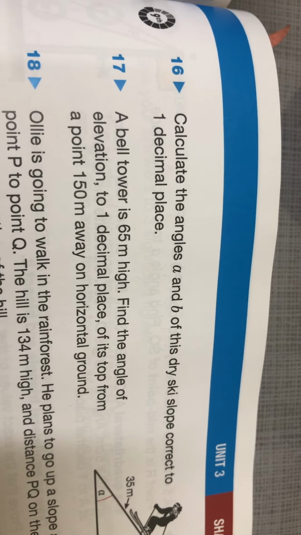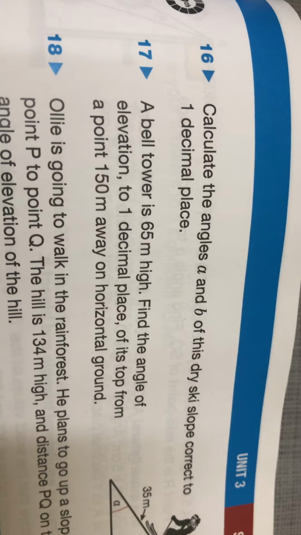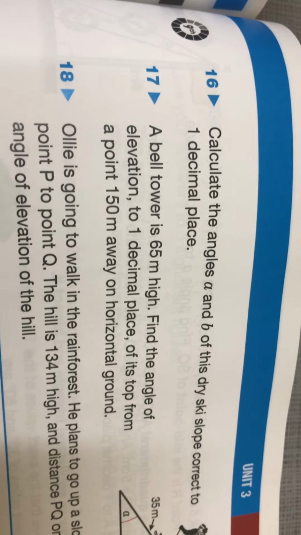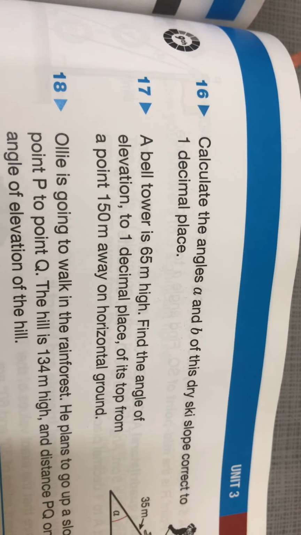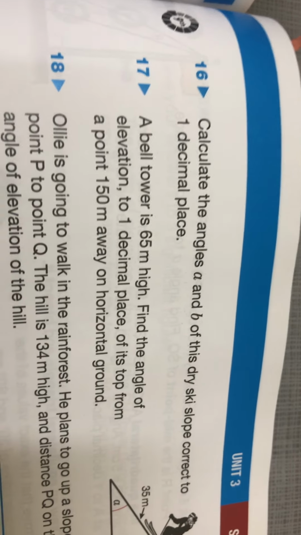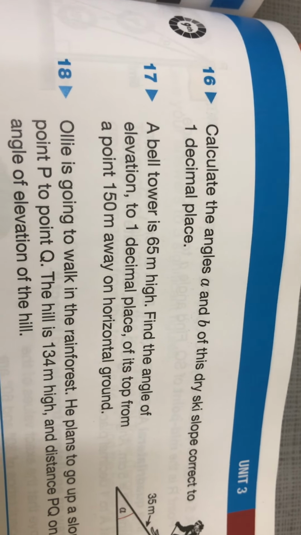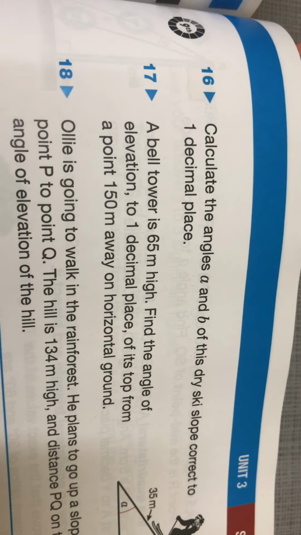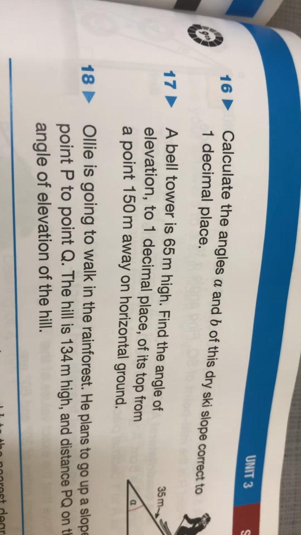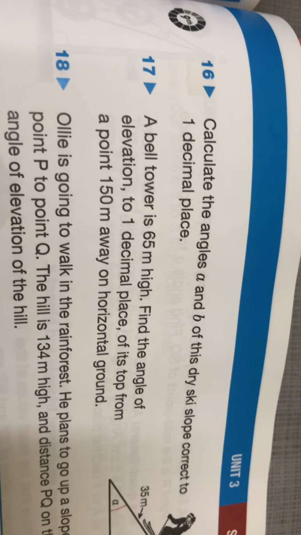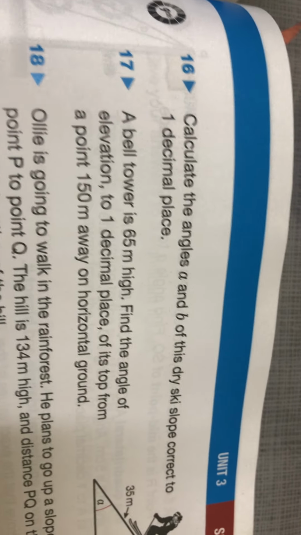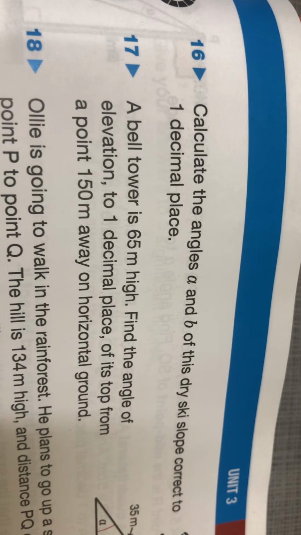I want to draw this problem, so make a circle around 65 high. Find the angle of elevation to 1 decimal place of the top from a point 150 away on horizontal ground. Think well how we can draw this problem. Try to solve number 17 alone.